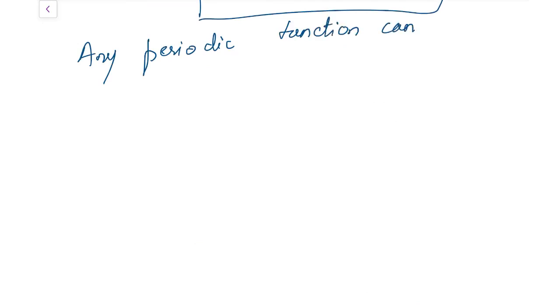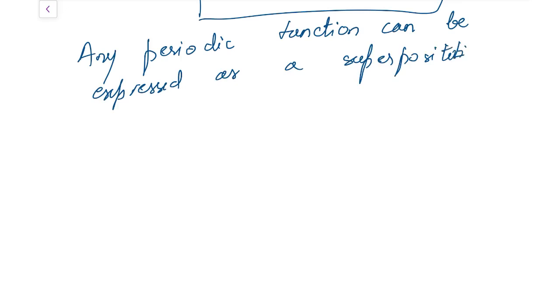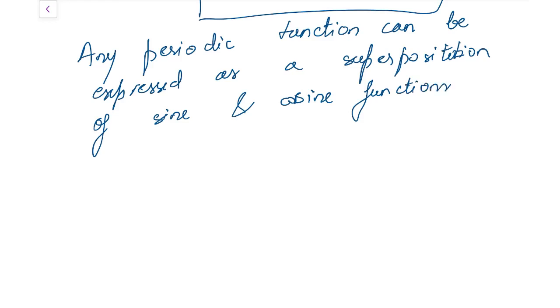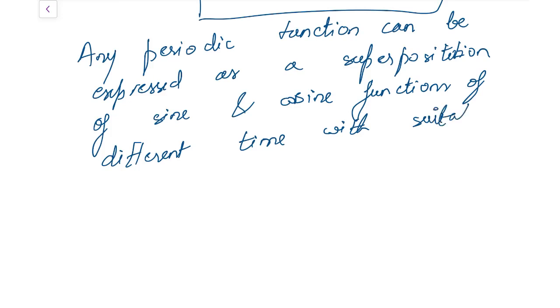So we observe that any periodic function can be expressed as a superposition of sine and cosine functions of different time with suitable coefficients.